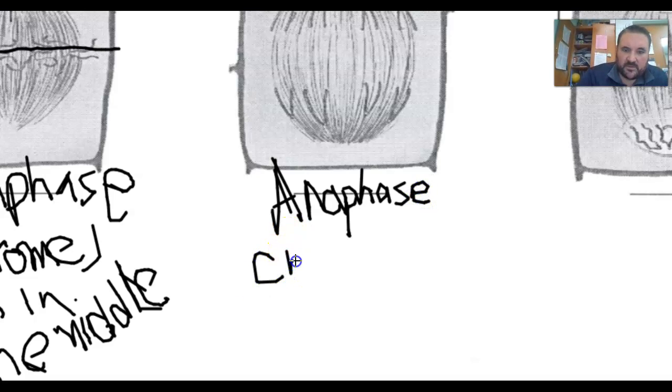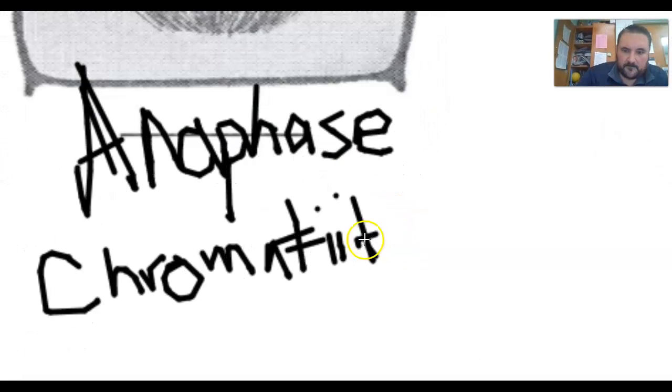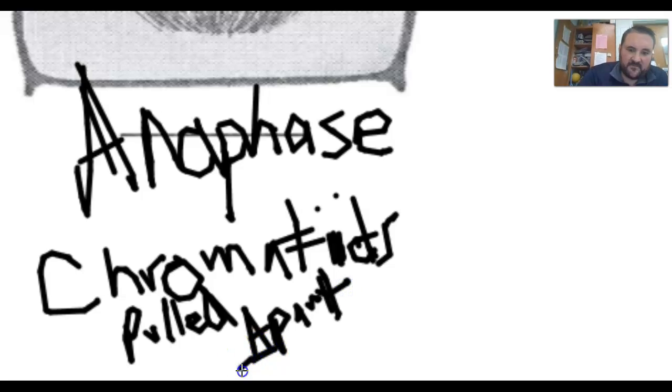This is where our chromatids are pulled apart by something called a spindle. A for apart.